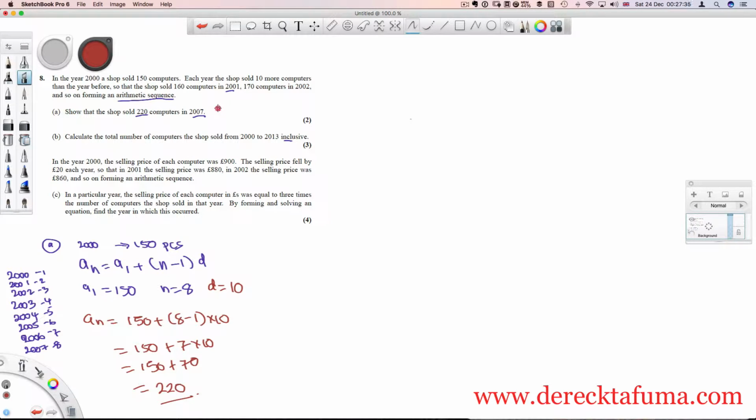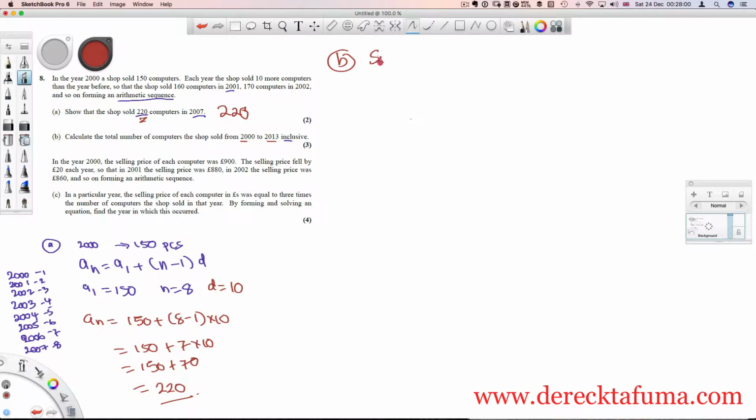So the answer to this one is 220 computers. We've shown that 220 is correct. Then for B, it says calculate the total number of computers the shop sold from 2000 to 2013 inclusive.